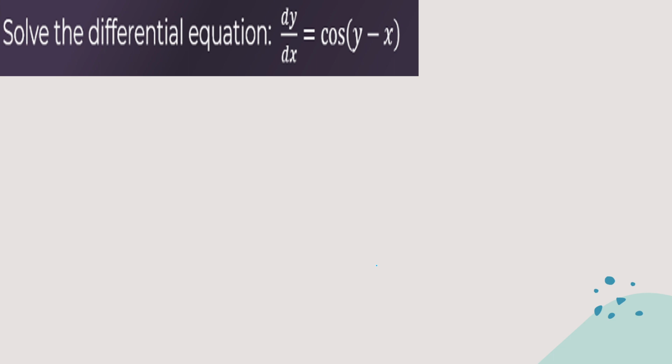Yes, can you try this one? It is saying solve the differential equation dy by dx is equal to cos of y minus x. Check whether the variable separable format is working here or not.